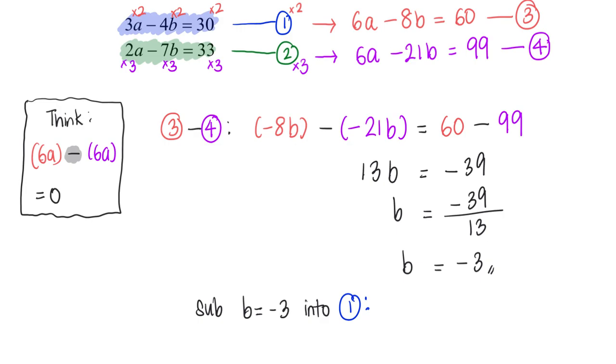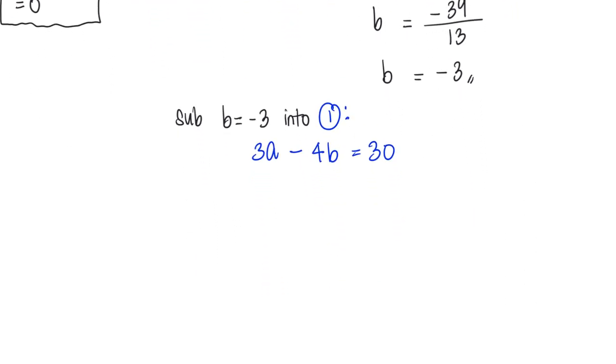And now what is equation 1? 3A minus 4B equals 30. But now we do know the value of B, isn't it? Value of B is negative 3. And so Mr. Tan will replace the B with negative 3.